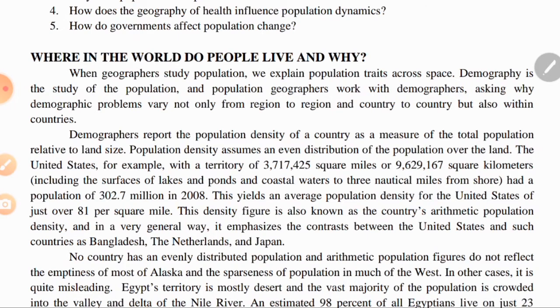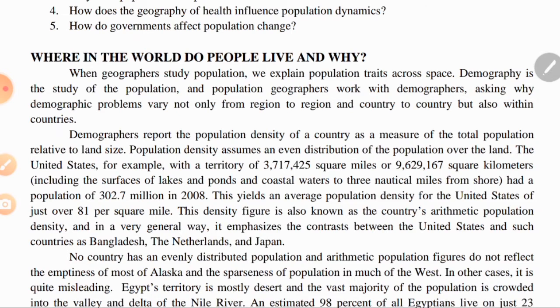The United States, for example, with a territory of 3,717,425 square miles, had a population of 302.7 million in 2008. This yields an average population density for the US of just over 81 per square mile.